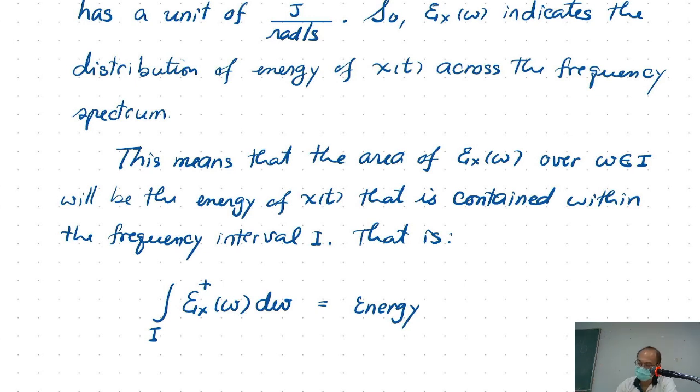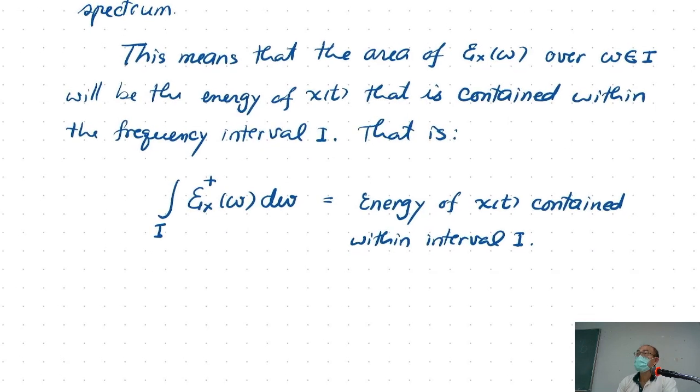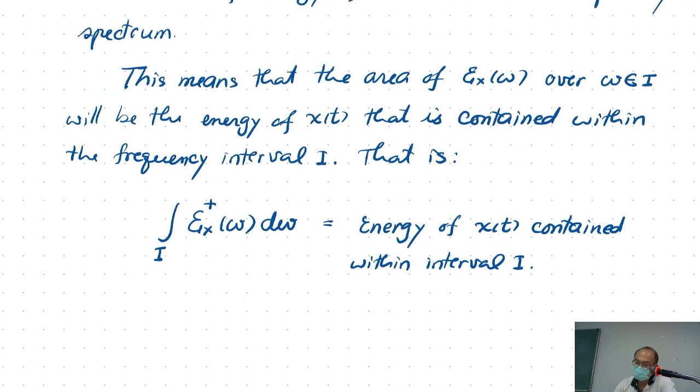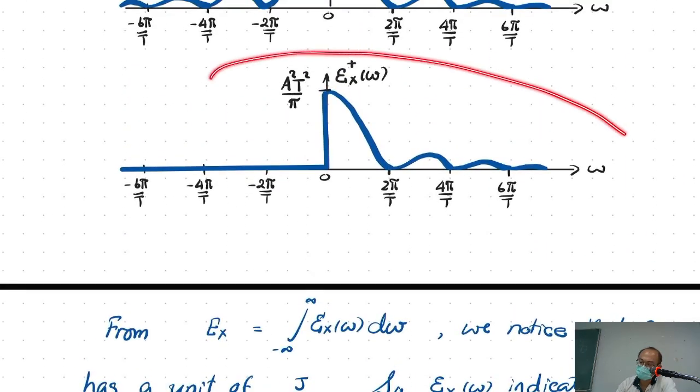So the energy of X contained within the interval. If we take a look at this graph, this is the graph of the ESD of a rectangular pulse.